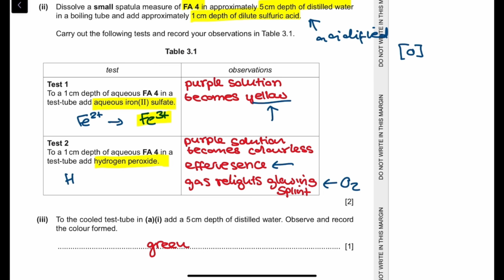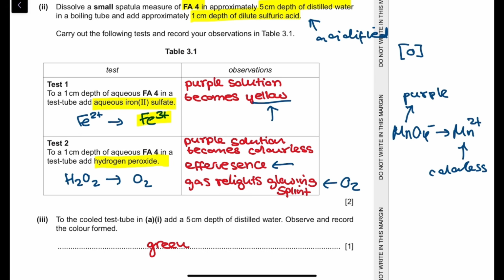O2 from hydrogen peroxide is actually oxidation by the acidified potassium manganate. When potassium manganate is reduced, it forms Mn2+ ions, which form a colorless solution, while manganate ions are what form that purple solution.